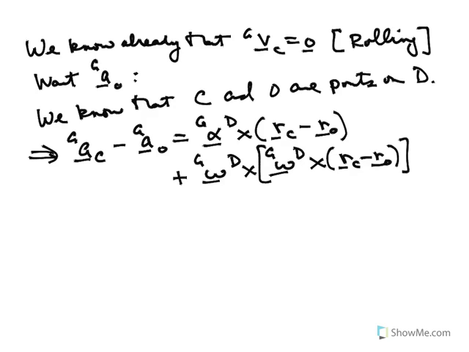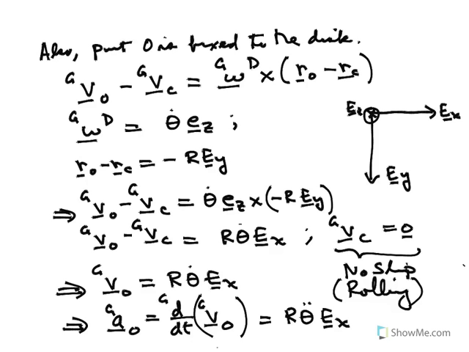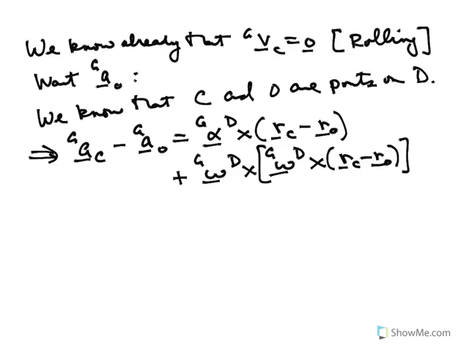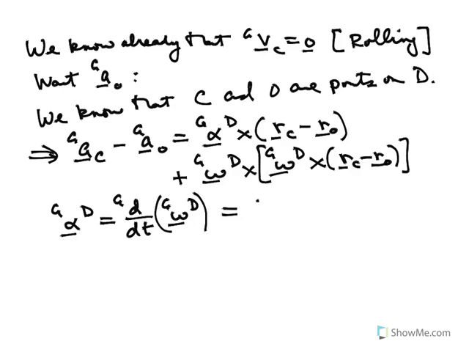Now, let's look at this. We already have the acceleration of point O. I just computed it. It's on the previous page. So now I need the rest of this. The angular acceleration of the disk in the ground is equal to the rate of change in the ground of the angular velocity of the disk in the ground, which is also equal to the rate of change in the disk of the angular velocity of the disk in the ground.